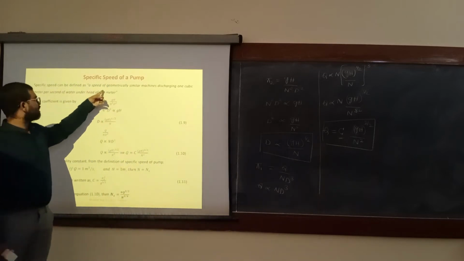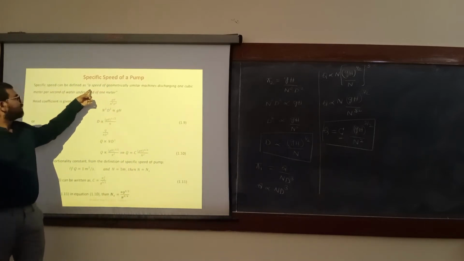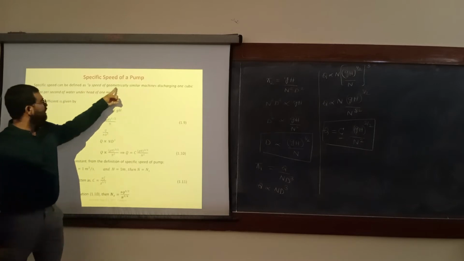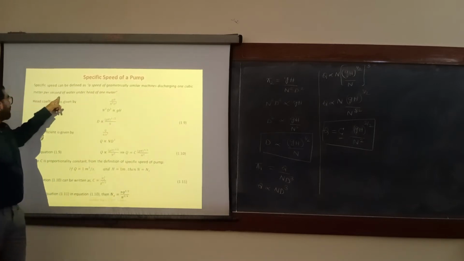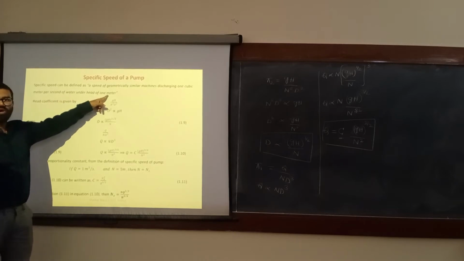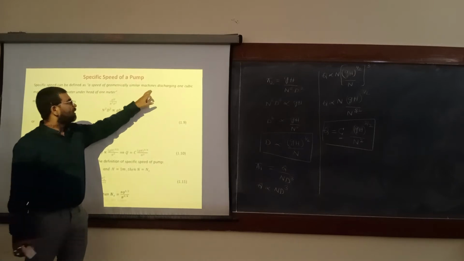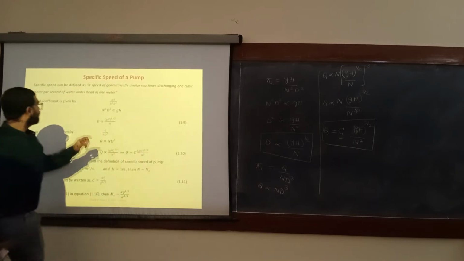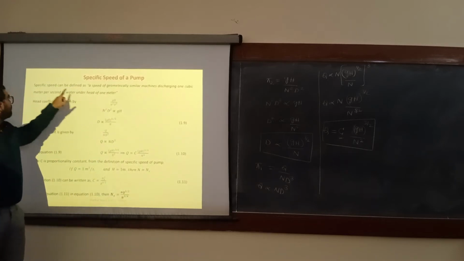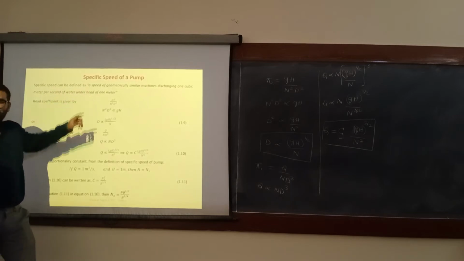What is the definition of specific speed of a pump? It is the speed of a geometrically similar machine discharging 1 cubic meter per second of water under a head of 1 meter. That is, if the discharge is 1 meter cube per second and the head is 1 meter, then the speed will be equal to the specific speed.